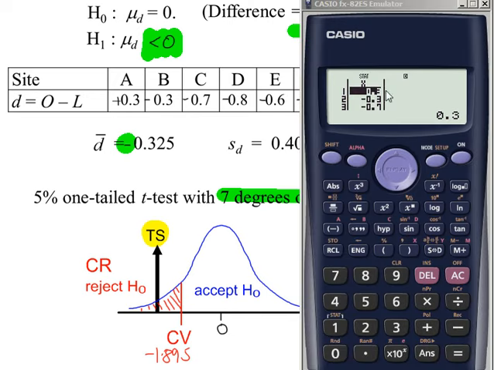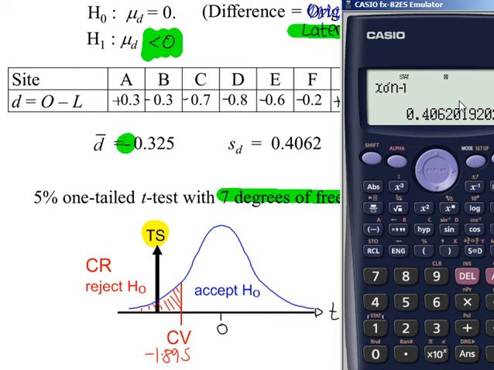So here's the data in the calculator. The mean, and the sample standard deviation.